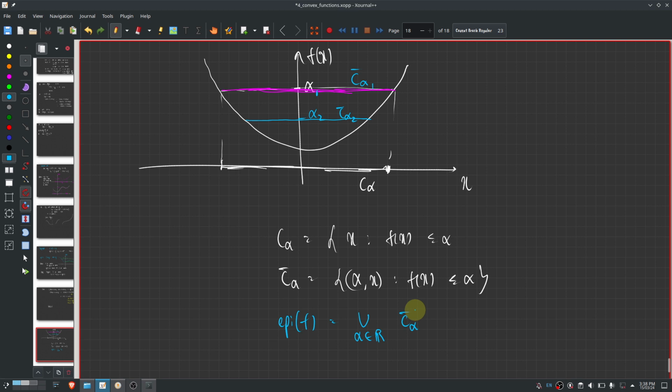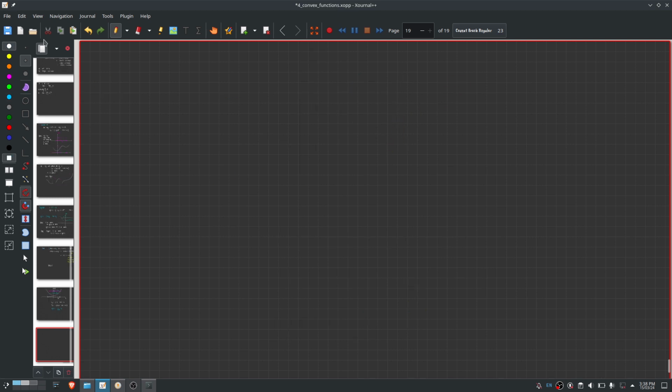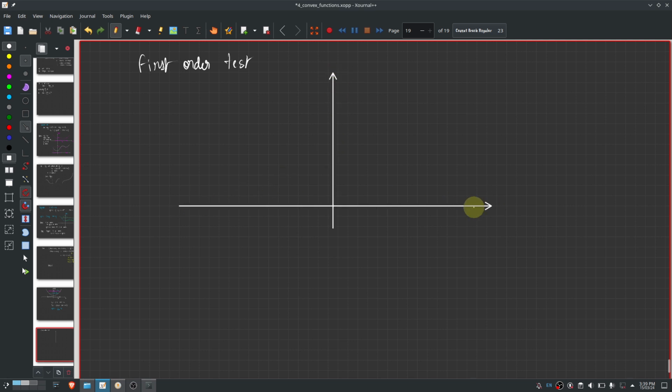The first order test for convexity basically said that if you have a convex function, then the tangent at any point is going to lie below the function.